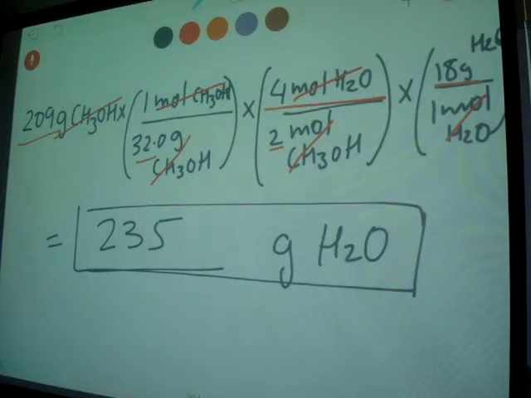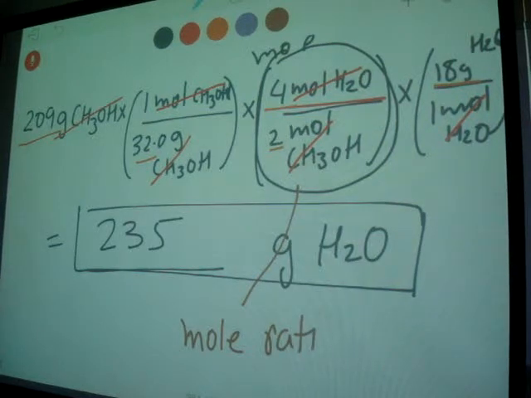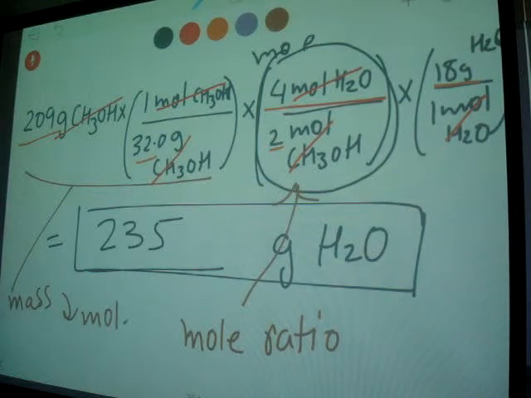So we use this one as a mole ratio from the balanced equation. Let me rewrite this one as the mole ratio from the balanced equation. This one we convert the mass of the given substance to moles, right? That's the mass to mole conversion for methanol.